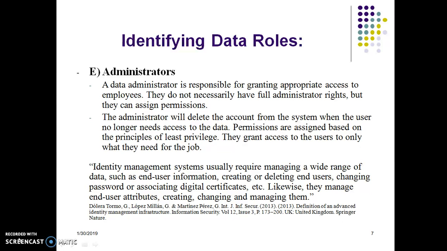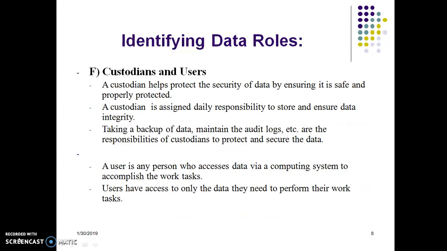Identity management systems usually require managing a wide range of data, such as end-user information, creating or deleting end users, changing passwords or associating digital certificates, etc. Likewise, they manage end-user attributes, creating, changing, and managing them. The last role is custodian and user.